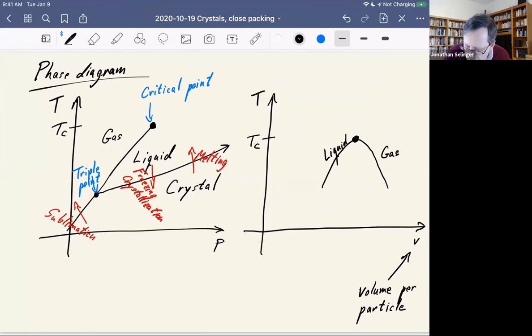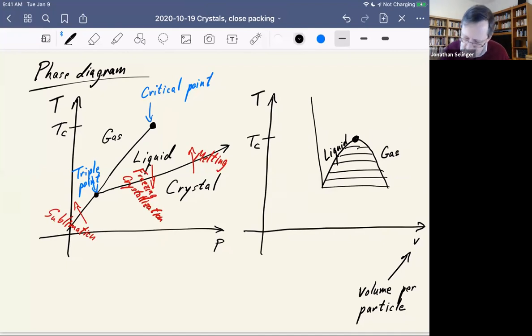Now the crystal phase comes in at even smaller volumes, higher densities than the liquid. And so there has to be another boundary here. So here is the two-phase coexistence.